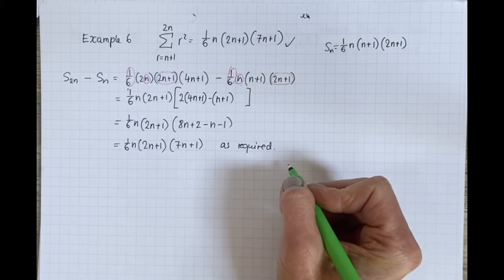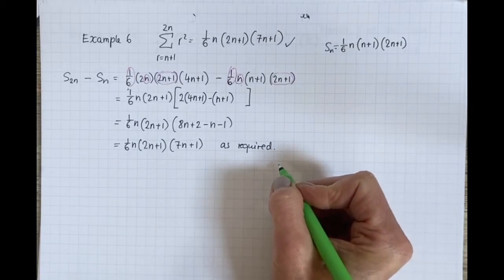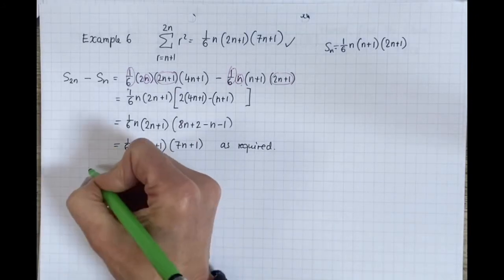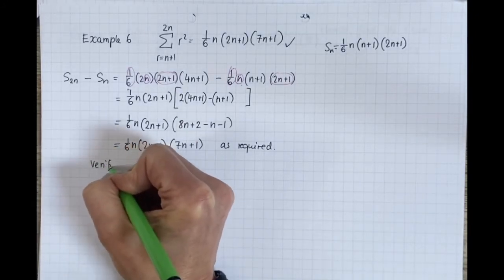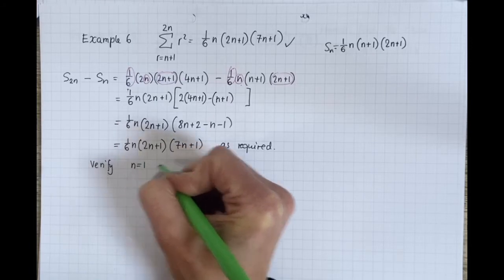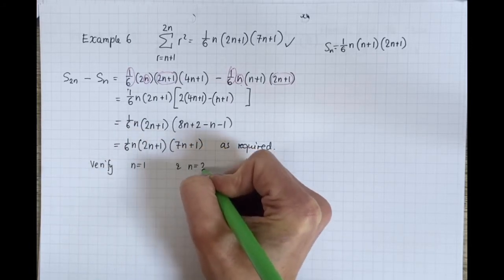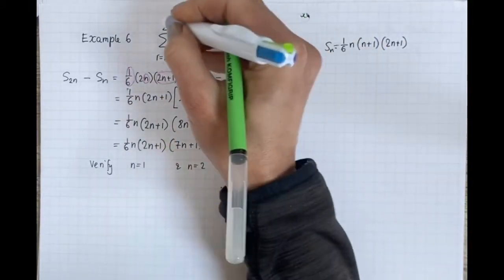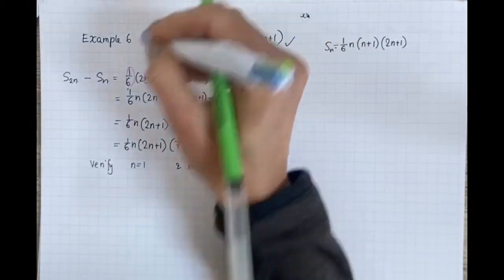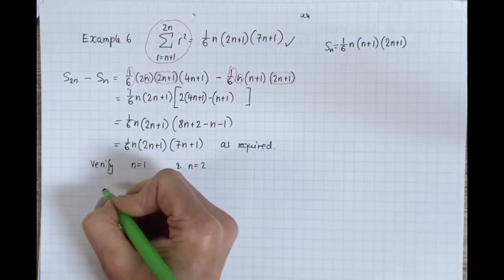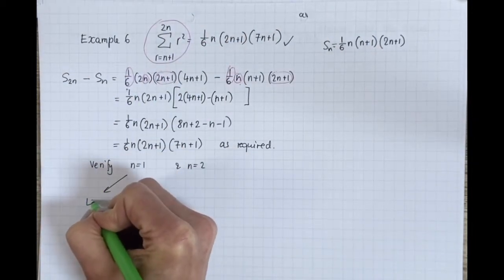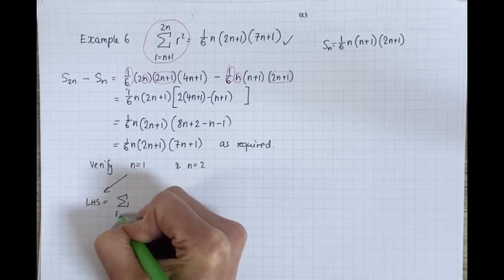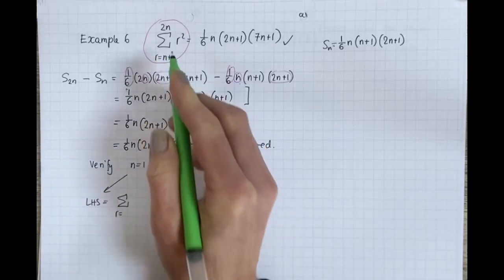Now, for part B, I believe they are asking us to verify the result for n equals 1 and n equals 2. So what do they mean by that? Well, find what this is, the left-hand side. So for n equals 1, the left-hand side gives me the sum of all the terms.